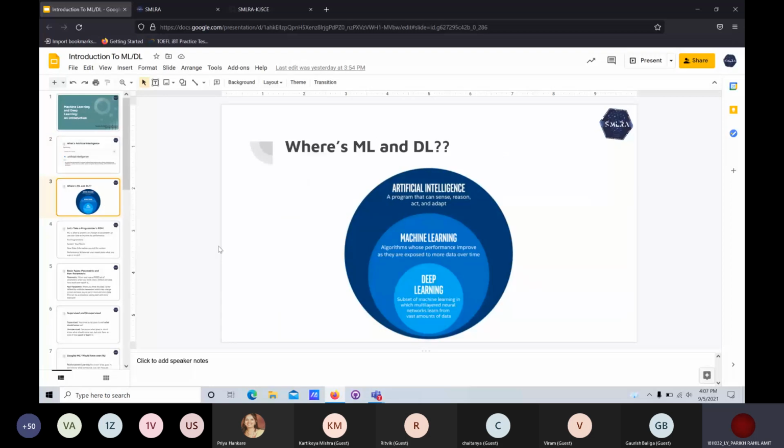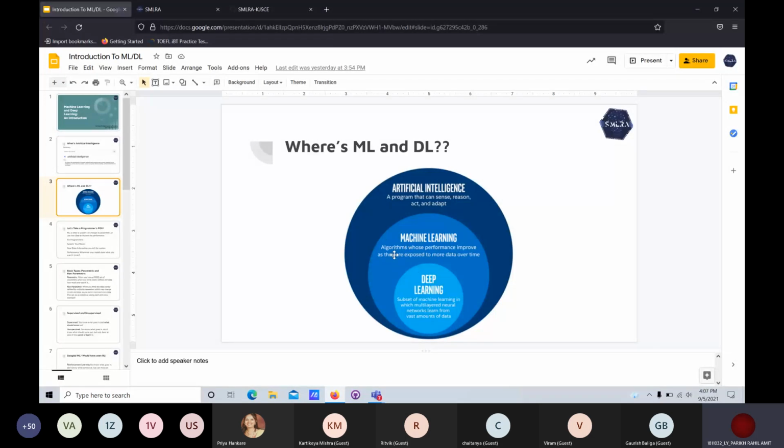If you think about what ML means in artificial intelligence, you can look at this diagram and conclude that ML is a subset of artificial intelligence, and deep learning is a smaller subset of ML.